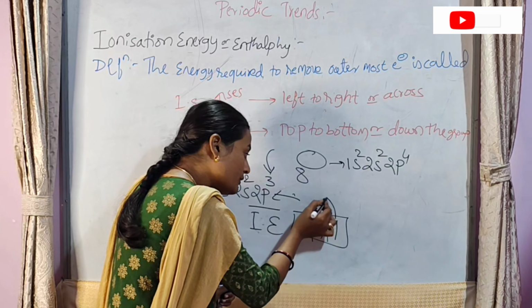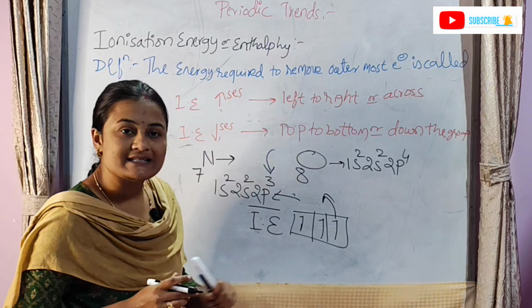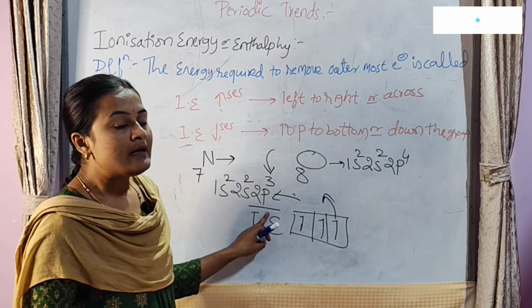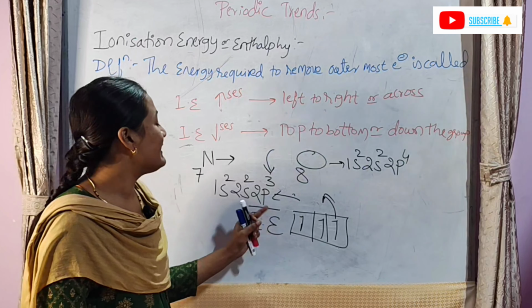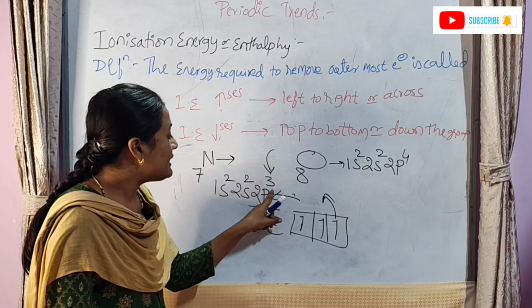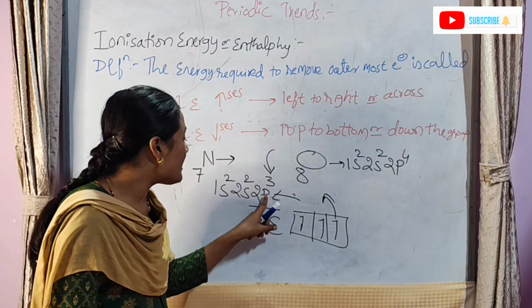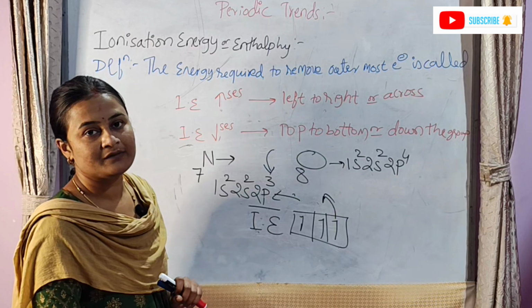Therefore, removing an electron from the valence shell is very difficult because it has a half-filled configuration. The maximum capacity of the p orbital is 6 and half-filled is 3. Therefore, a huge amount of energy is required to remove this electron present in the valence shell.